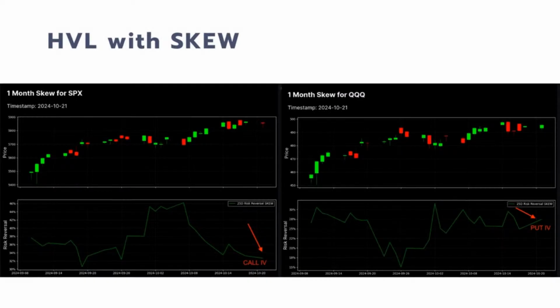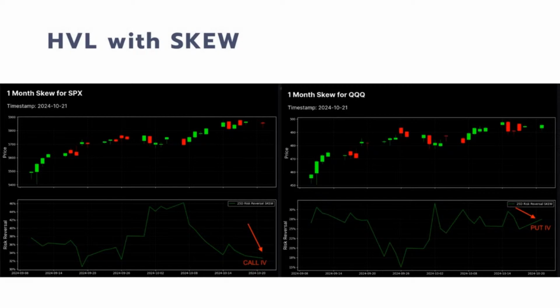Then finally, like we talked about yesterday, we want to look at the skew in conjunction with the high vol level. So we want to see, for the asset that we are trading, if we are experiencing a bearish skew or a bullish skew. In this case, this is a chart that we took from yesterday.